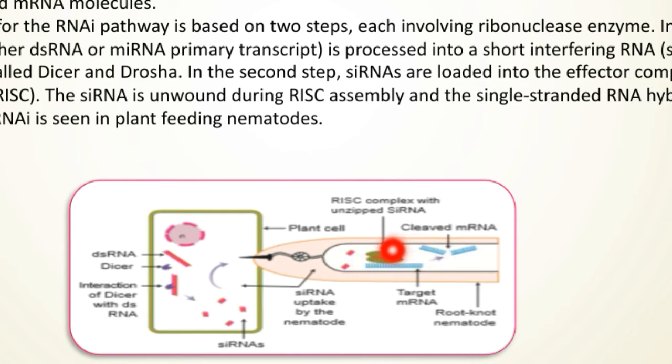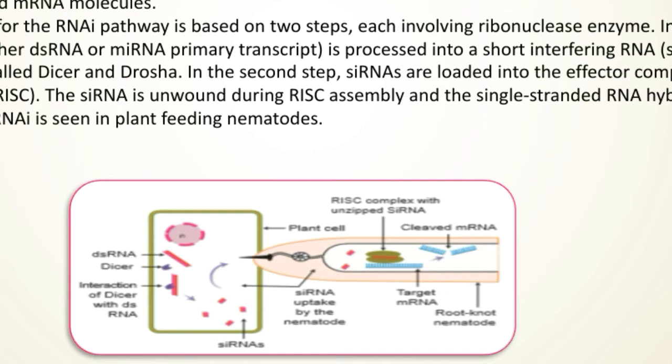This effector complex is nothing but RISC, the RNA induced silencing complex, and in this the short interfering RNA is unwound. Unwound means separation of the strands will take place.